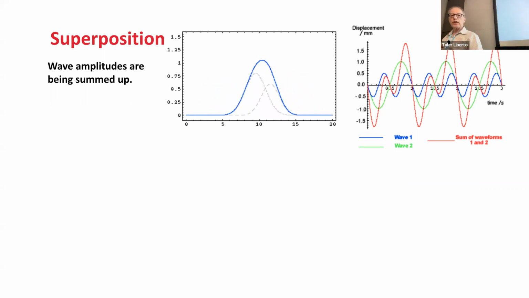So here, for instance, you add up the amplitudes. You see that the blue and green waves have a different frequency or different wavelengths. And for the red wave, the sum is not a simple wave like a sine wave anymore, but a wave which goes up a little bit, then goes high up, goes far down, and then has a little amplitude, and then goes up and down, very high and low.